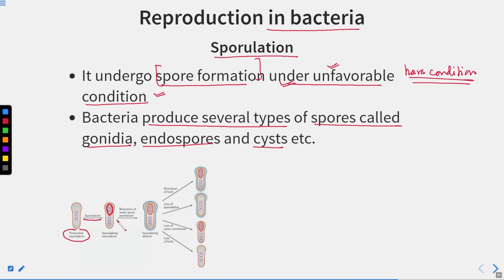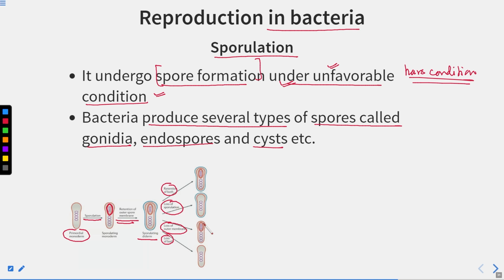Retention of the outer spore membrane. This membrane is formed against this spore formation, right? And sporulating diderm. Now you can see the retention of both, loss of outer membrane, and loss of both. So any of these things could happen.